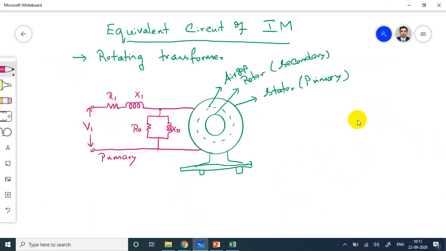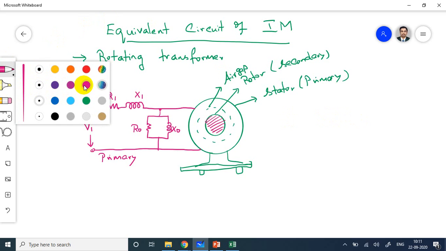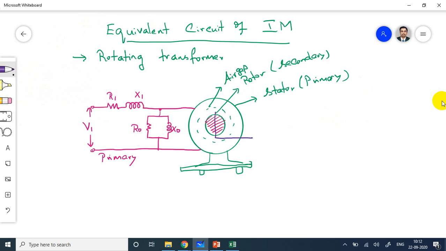The secondary side I have to draw. In the secondary side, actually, this is the rotor. In the secondary side there will be a resistor and an inductor connected.